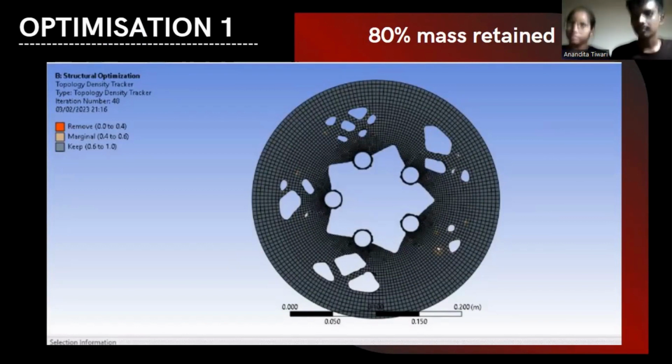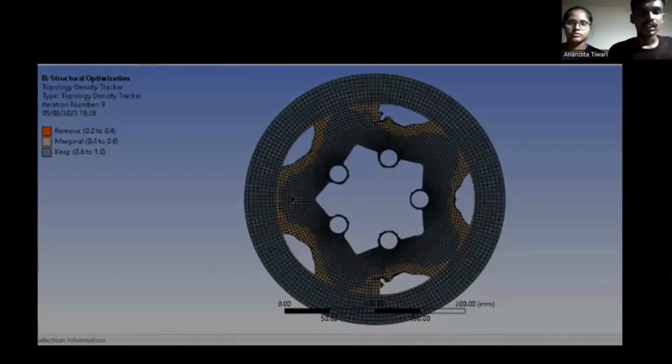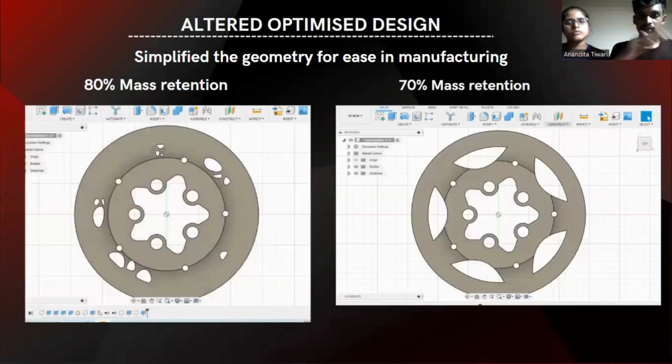This was our first optimization, where 80% mass is retained, that is 20% is reduced. Next, we went ahead with the design where 70% mass is retained. Those designs could not be manufactured and analyzed easily, so we redesigned them in Fusion 360 to analyze them properly.